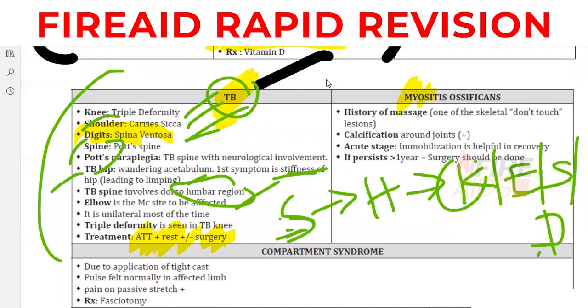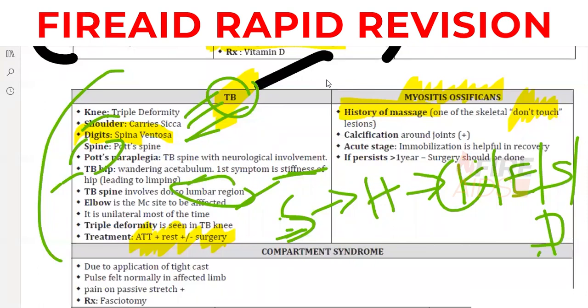Next is myositis ossificans. Myositis ossificans means, remember, do not touch skeletal lesion. There is going to be a history of massage which damaged the muscles surrounding a bone, because there is already a lesion in that skeletal muscle. Around the joints, there's going to be calcification, which is going to cause extensive pain.